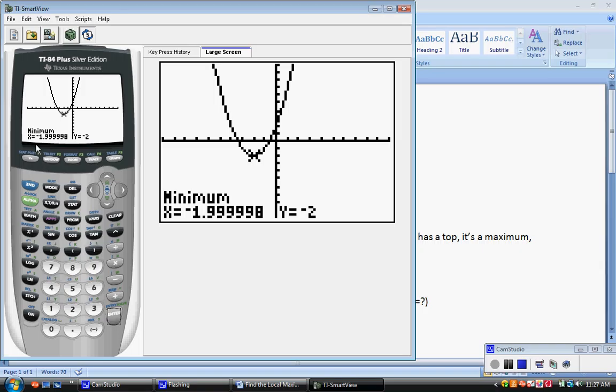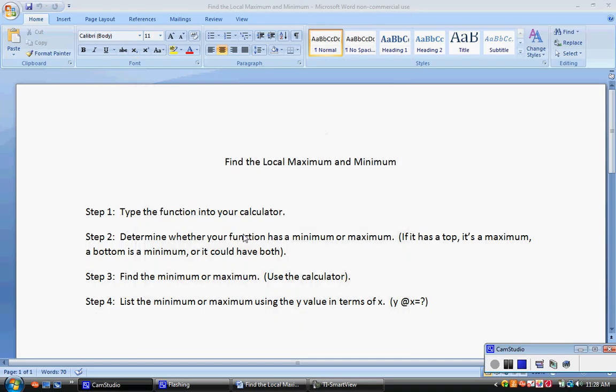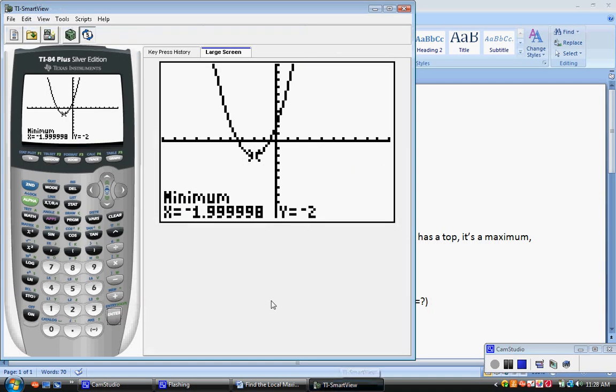Now the minimum and the maximum are both actually listed in terms of y. And that's what our last step says. It says list the minimum or maximum using the y value in terms of x. So for this one, we would actually say the minimum is negative 2 at x equals negative 2, because for all intents and purposes, negative 1.99999998 is actually negative 2.